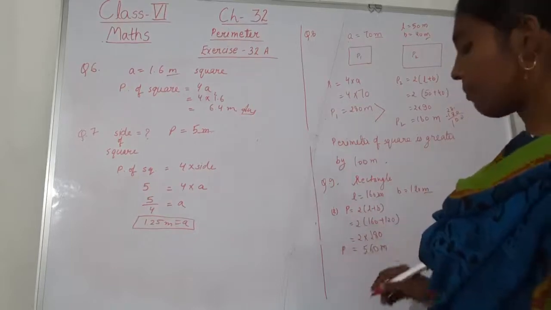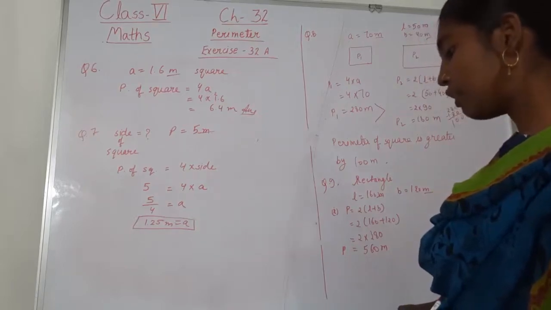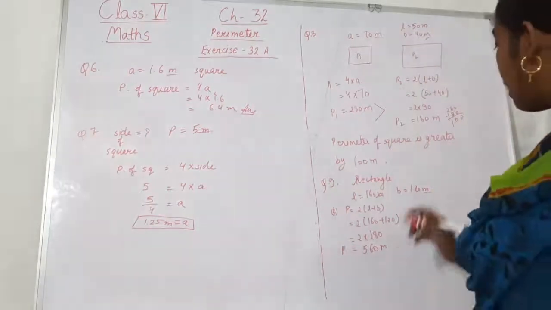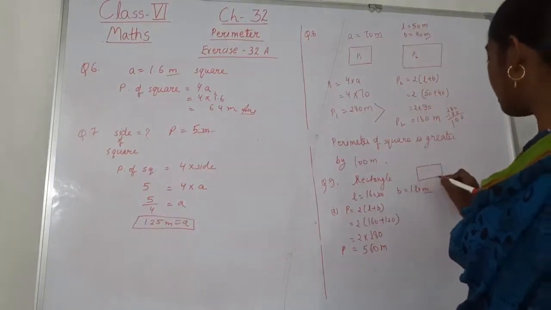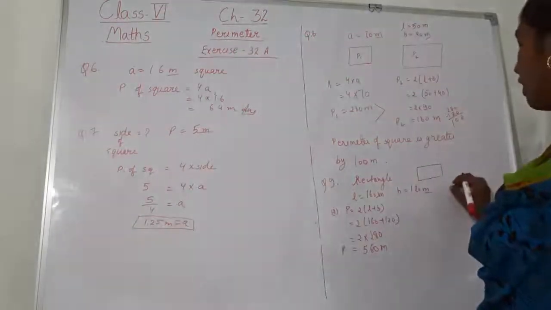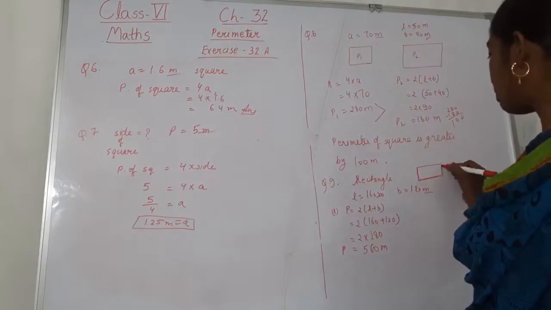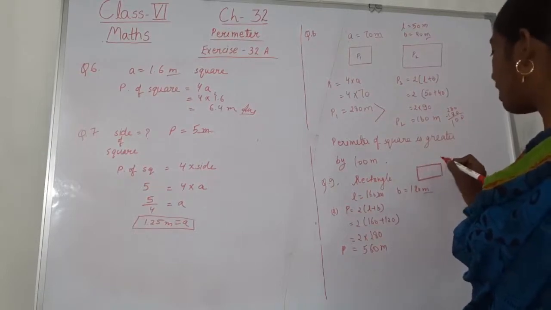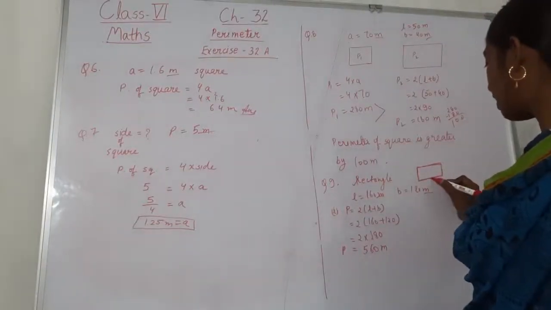First one is over. Now second one, it is asking the length of the fence required to enclose the field. Now you see, this is a rectangle. Suppose this is a plot or a piece of land. You have to enclose this piece of land. आपको इस लैंड के पीस को जो है तार से बाढ़ लगानी है. तो तार से बाढ़ लगाने के लिए आपको इसके पेरीमीटर जितना ही वायर चाहिए रहेगा. ठीक है.